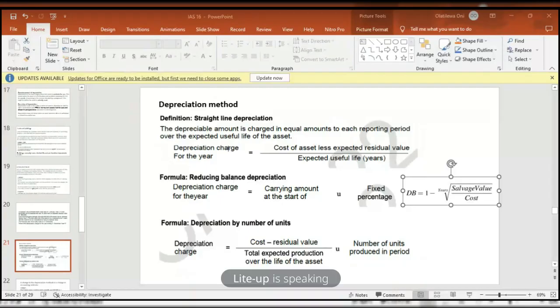For year 4, we are charging the rate also on the carrying amount. The carrying amount is this. And the depreciation charge, here we have, for year 2, this amount of depreciation.